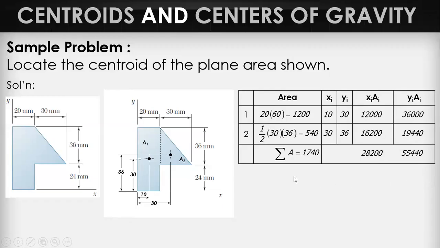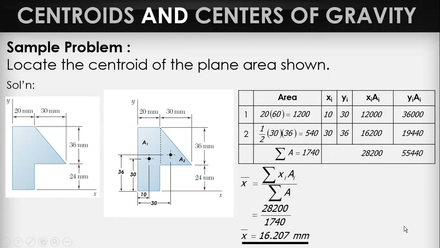So, solving for the centroid, summation of XiAi is this one. Moment ang total sa XiAi. While summation of A is 1740. And X bar is 16.207 millimeters.